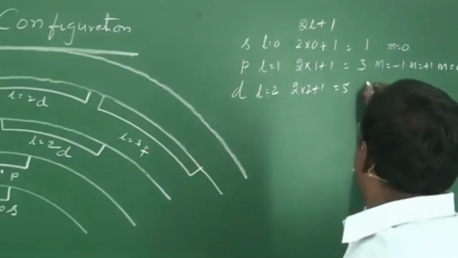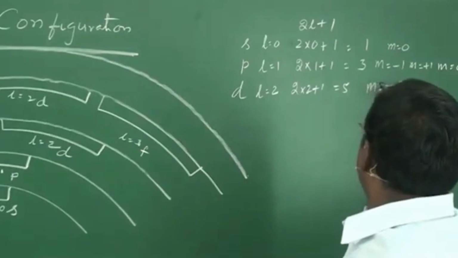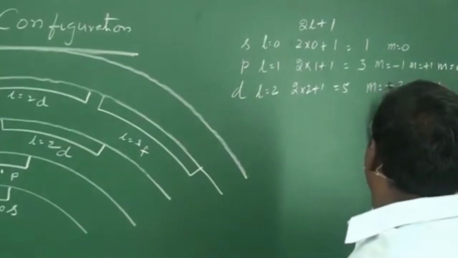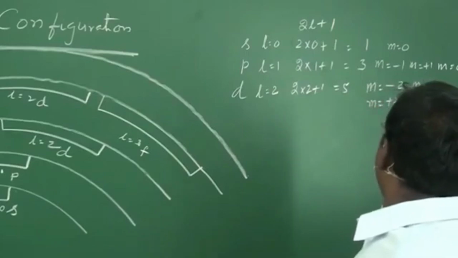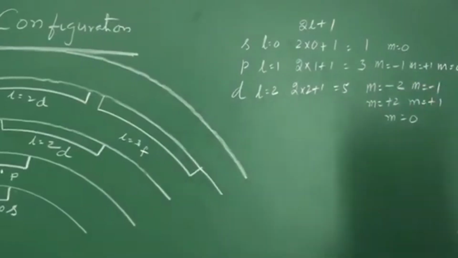They are M is equal to minus 2, M is equal to minus 1, M is equal to plus 2, M is equal to plus 1, and M is equal to 0. These are the 5 orbitals present in D sub-energy level.